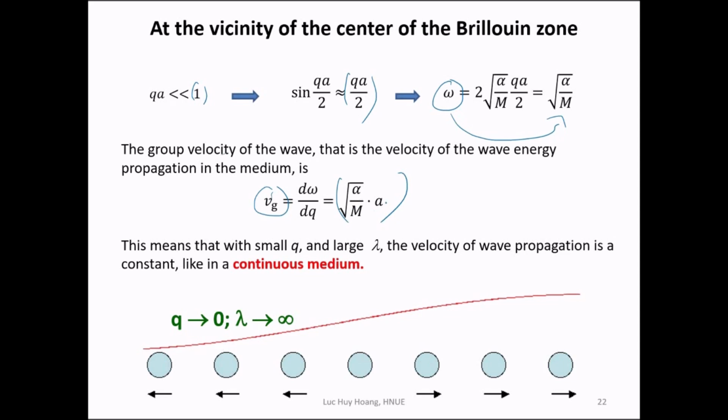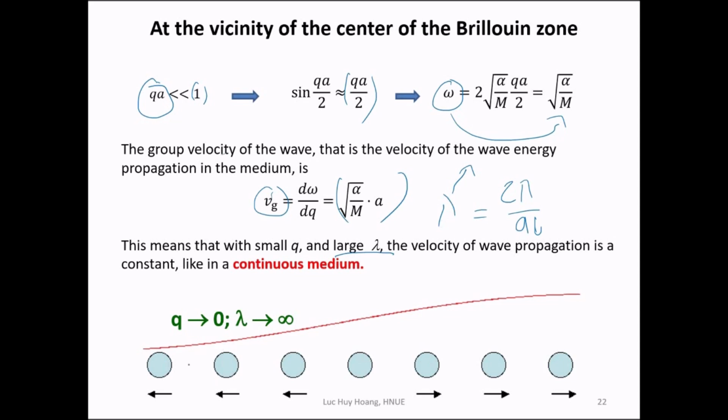Okay? So what does it mean? What does it mean when q is small, right? When q is small, we have a very large lambda because lambda is 2 pi over q. Okay? So if q is small, this means lambda is large, right? So we have a very large lambda.